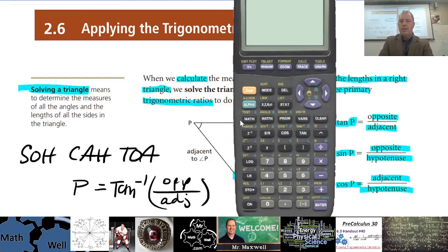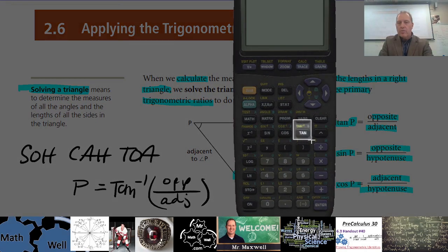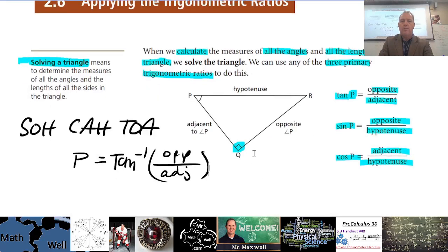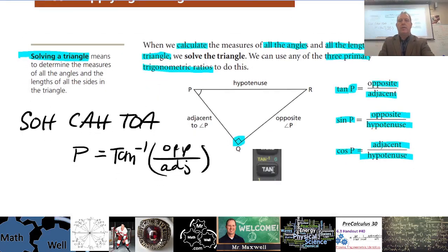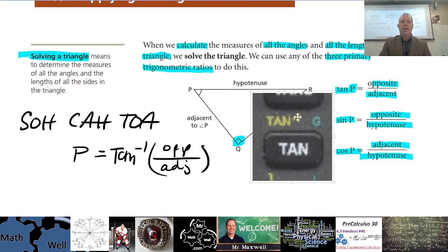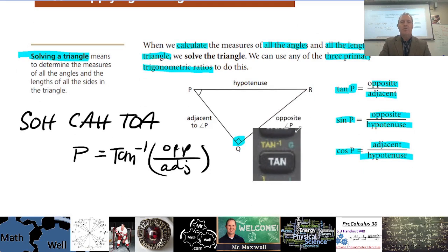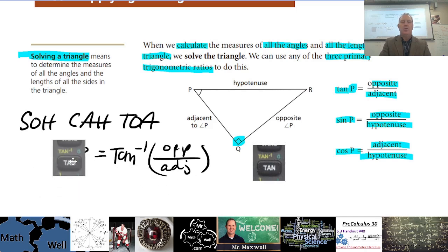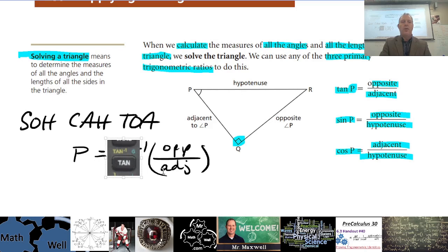Just as a reminder, I'm going to clip this and show you, so I can blow it up. There we go. You'll have a second function on your tan button, and that's how you find the angle measure: tan to the -1 of the ratio of opposite over adjacent.